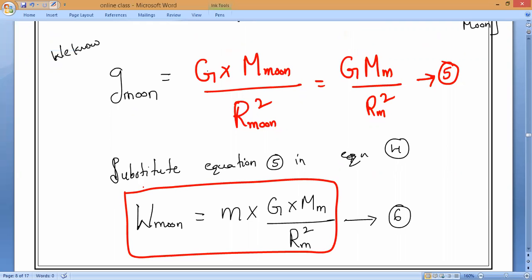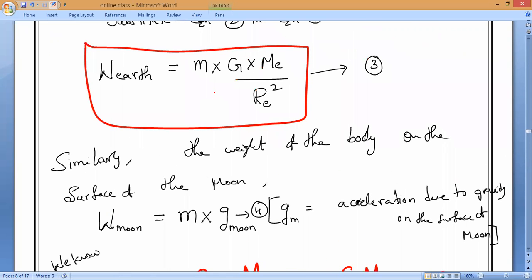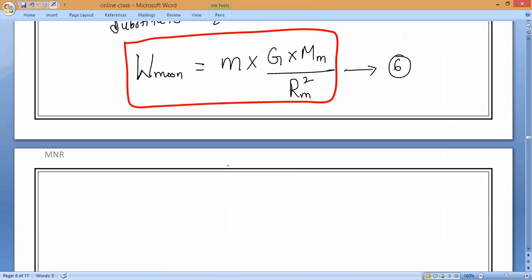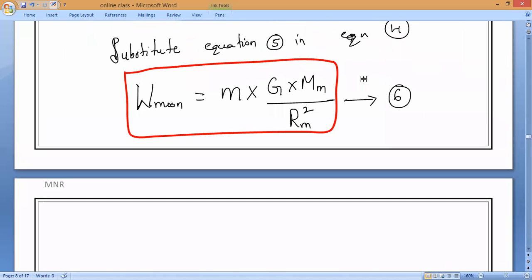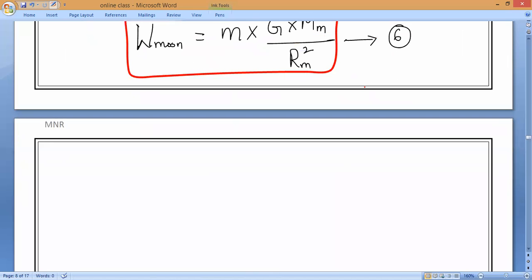Now, observe very carefully, we want to find the relationship between weight on earth and weight on moon. So let us divide equation 3 by equation 6.